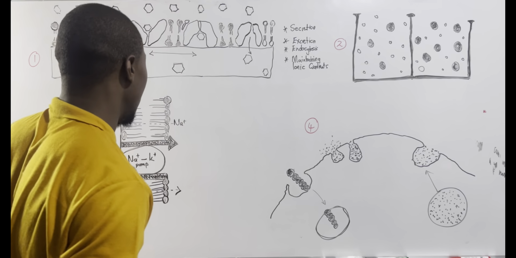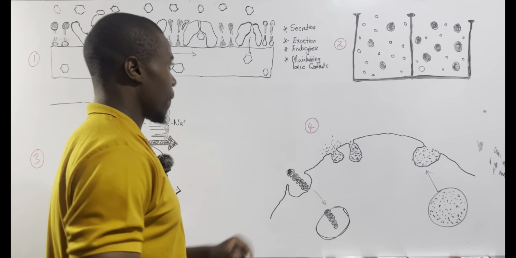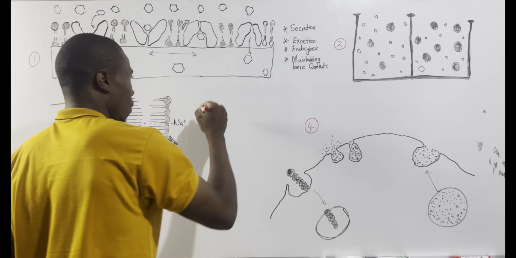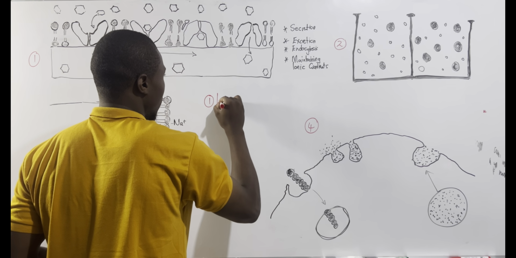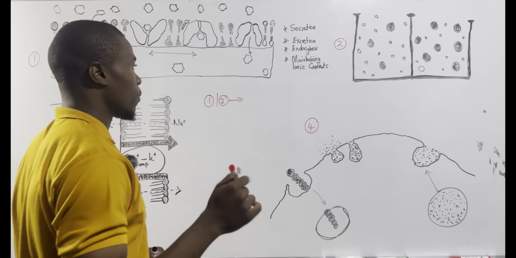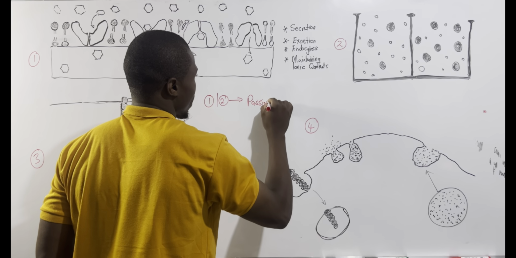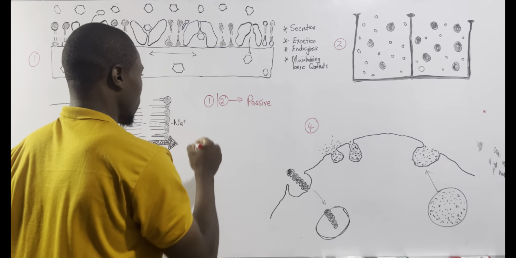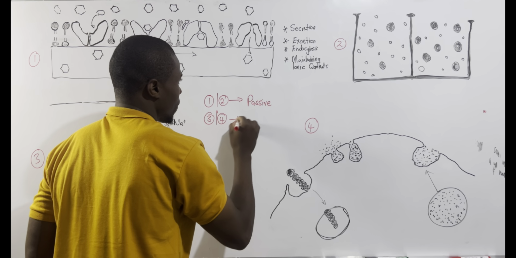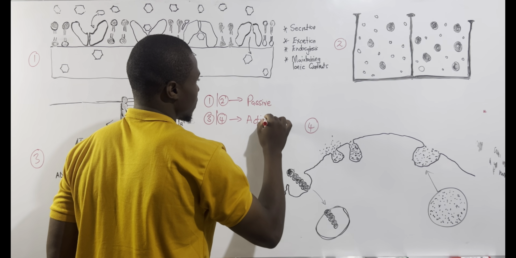These diagrams represent the different ways in which transport occurs. Diagram number 1 and diagram number 2 involve a transport process that is passive, and diagram number 3 and diagram number 4 represent a type of transport process that is active.